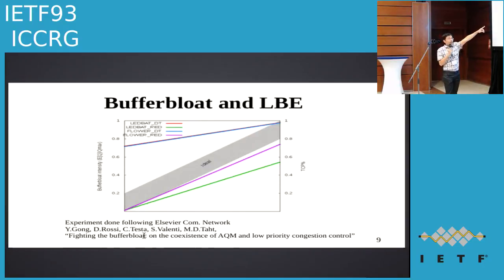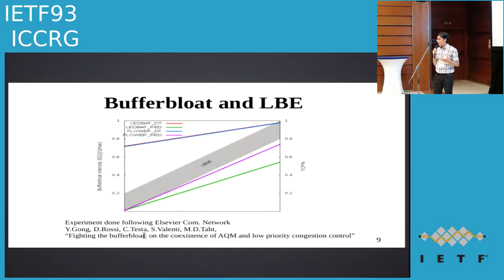Now, on the top of the figure, you can see the blue line and the red line. These are LEDBAT and Flower with drop-tail queue. In this scenario, you can see that both protocols behave correctly as LBE protocols, but in the meantime they also increase the buffer bloat intensity.